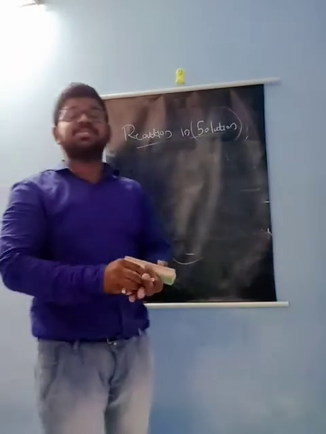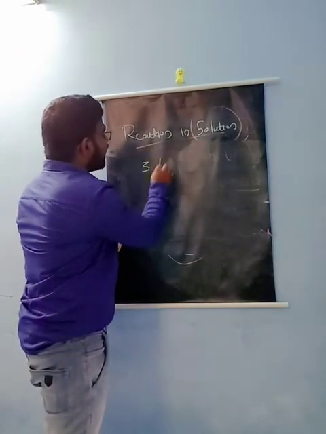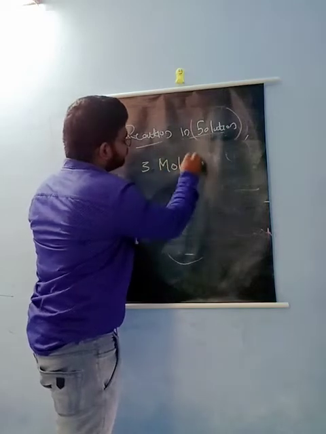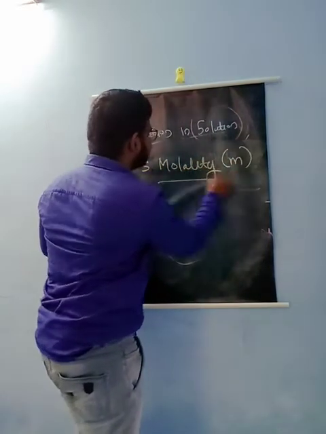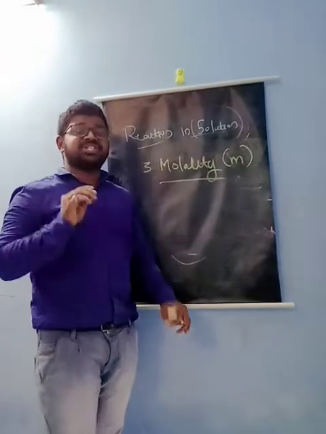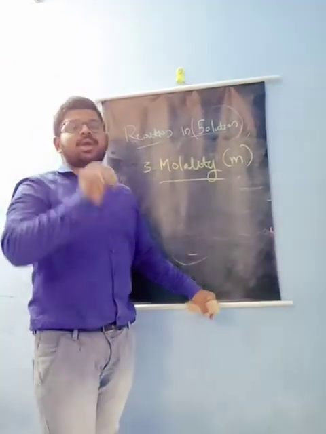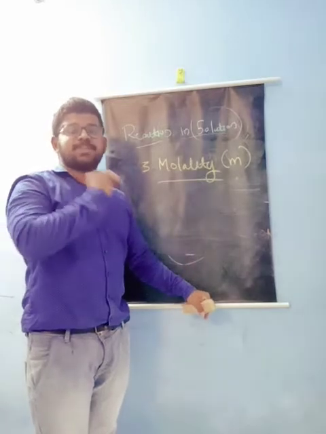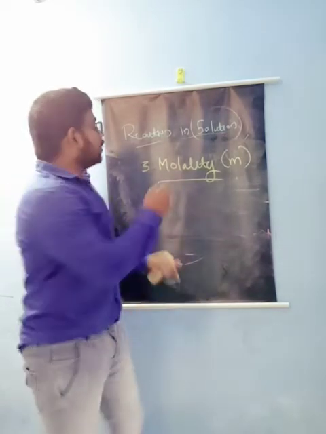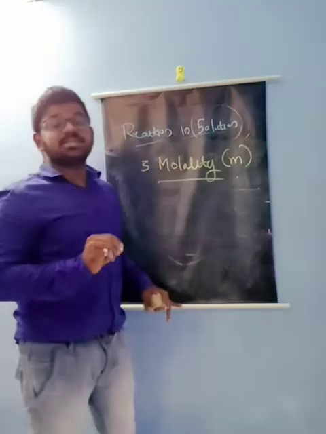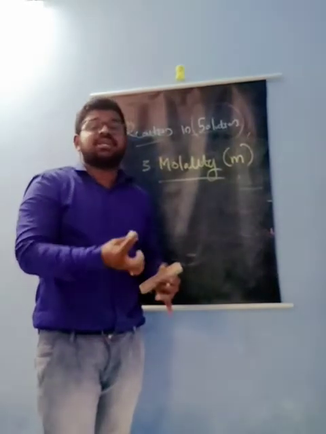And the third way to express the concentration of a solution is the molality, denoted in small letter m. What is molality? Molality is the way to express the concentration of a solution.